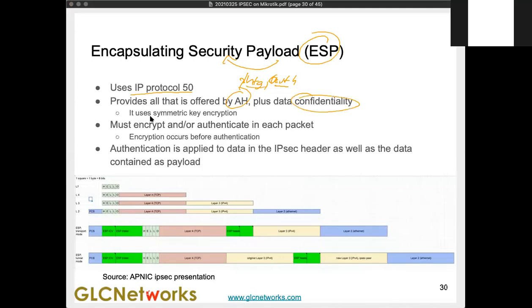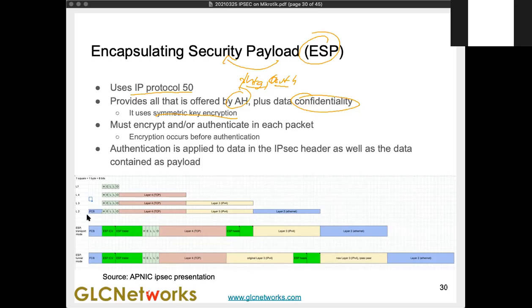It means that there will be an encryption here, which is good, right? So there will be an encryption or decryption process for each packet. Encryption occurs before authentication, so we have to encrypt the data first.